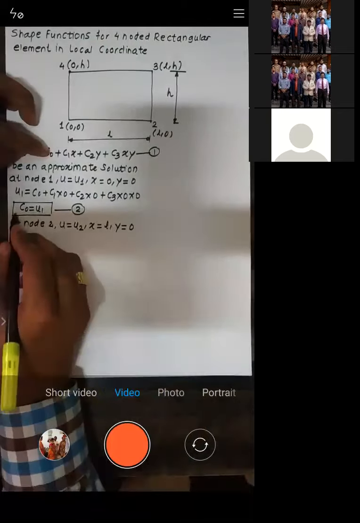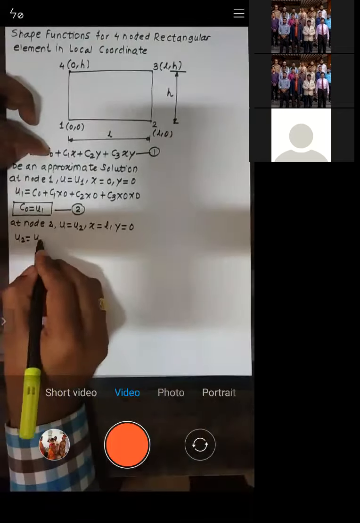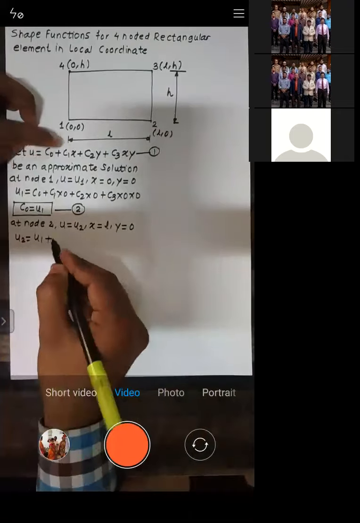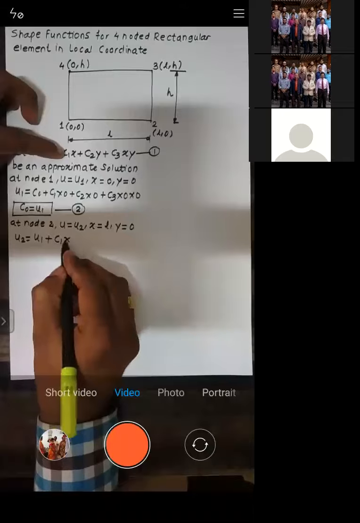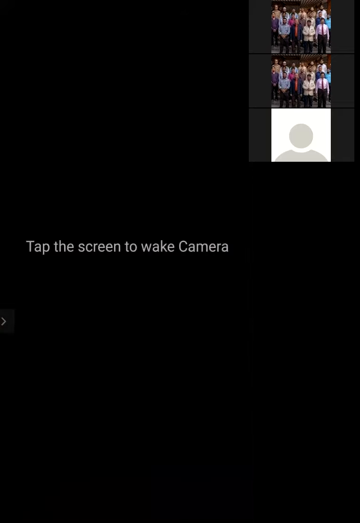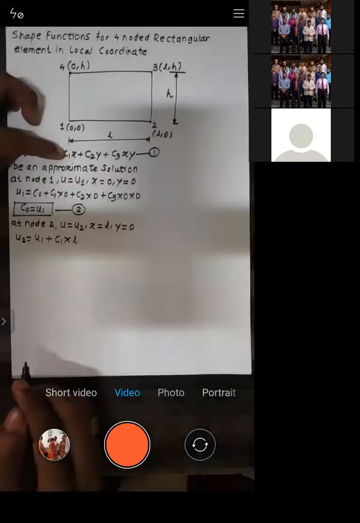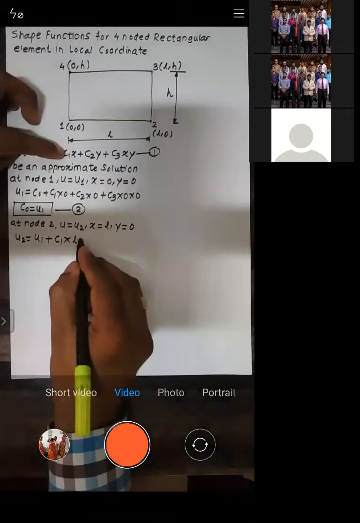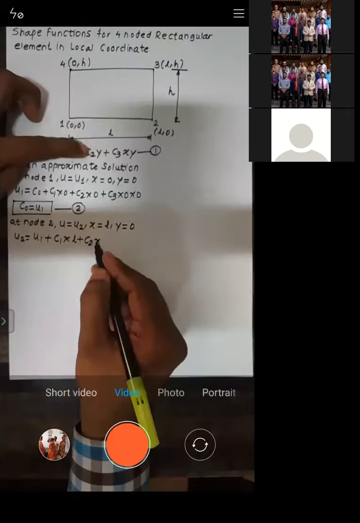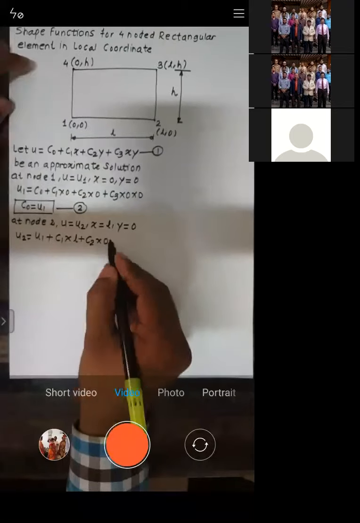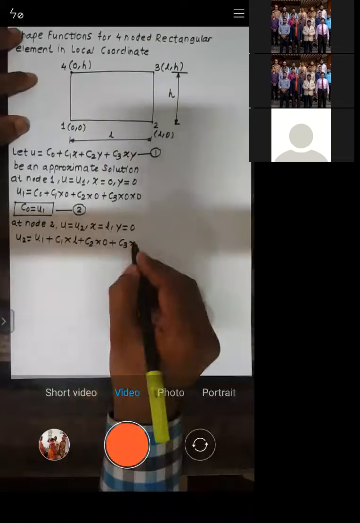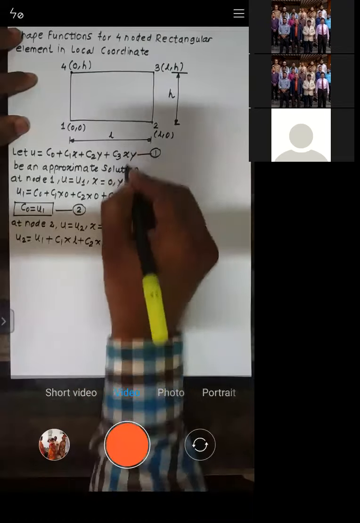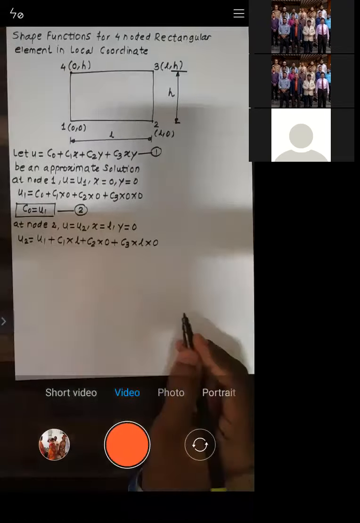What is C0? C0 is equal to U1, so I will put U1 plus, what is the value of C1? We need to calculate. C1 into X, X is L, plus C2 into Y, Y is 0, plus C3 into X, X is L, into Y, Y is 0. Yes or no?